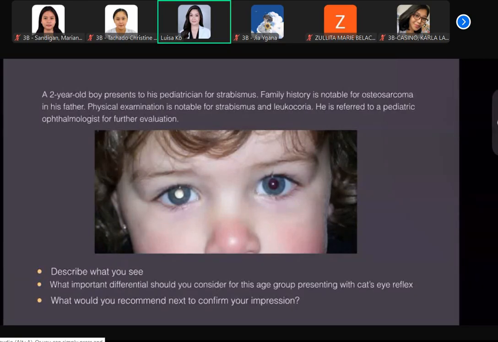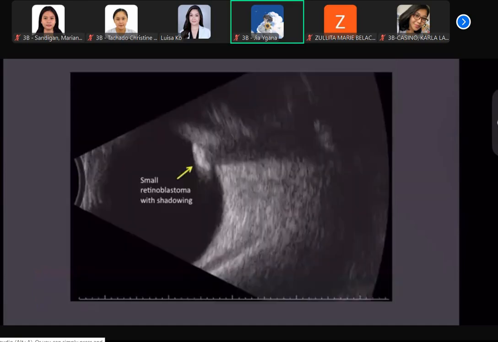Aside from MRI and ultrasound, and fundoscopy of course, you can also order a CT scan, Doc. Okay, very good.